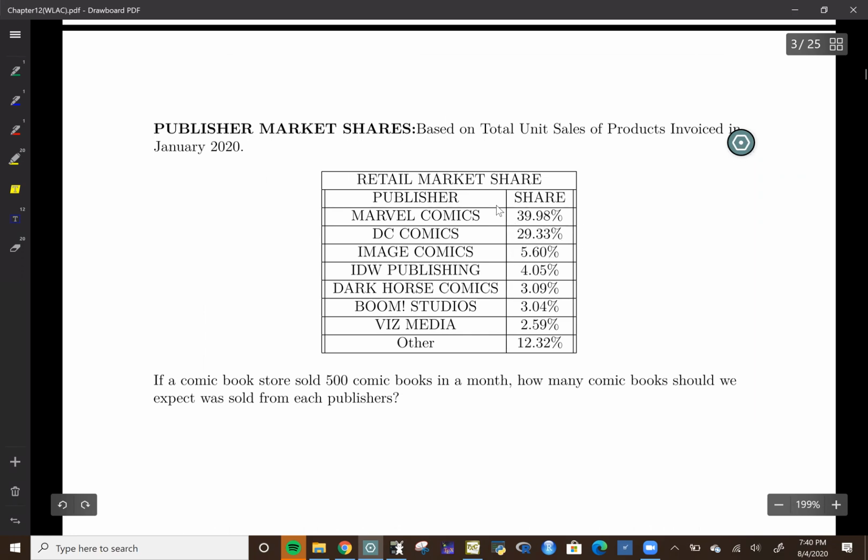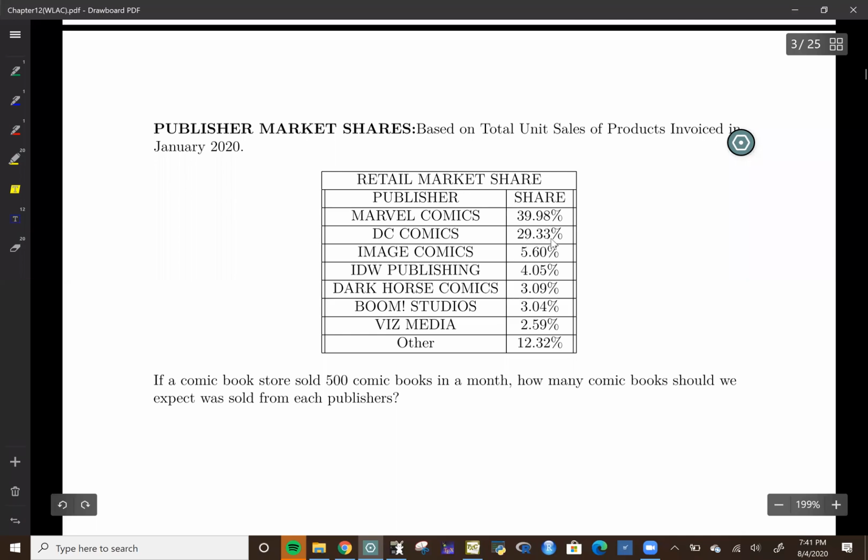Say we have a certain amount of comic books; this is how many comic books they produce all together. Marvel has 39.98% of the comic book share. DC Comic has 29.33% of the comic book share, and so on.